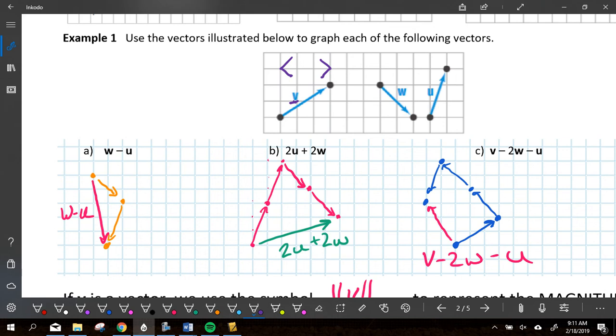How far did you go on the x-axis? 3, and it was to the right, so it'd be a positive 3. Show me with your fingers, what would your y value be? 2. I went right 3, up 2. That is the vector. That's what this means. So looking at the next one, write your vector notation for that one. What would that look like algebraically?